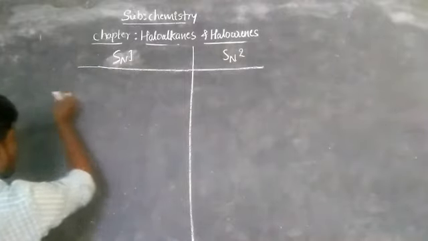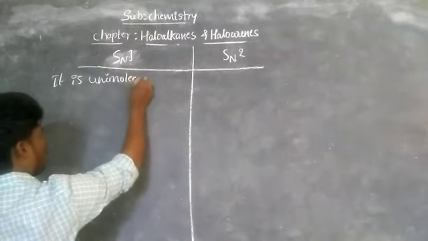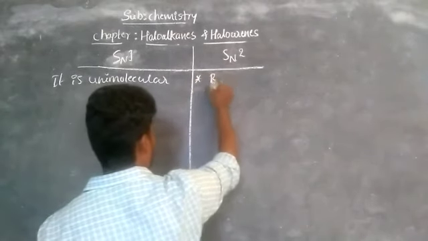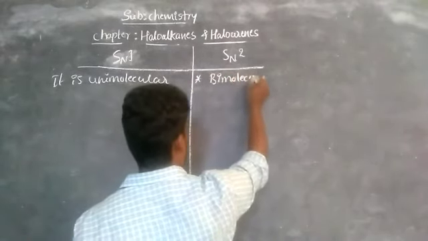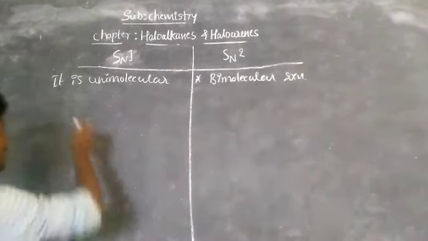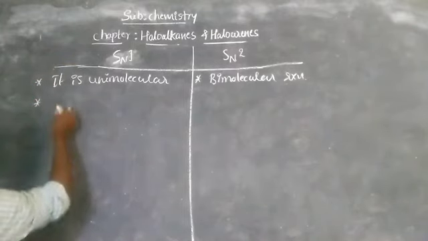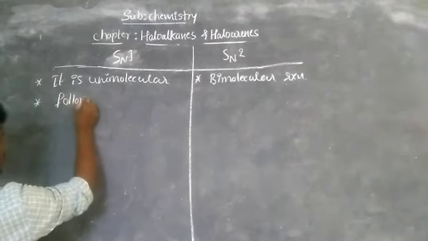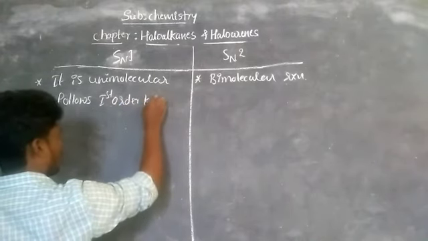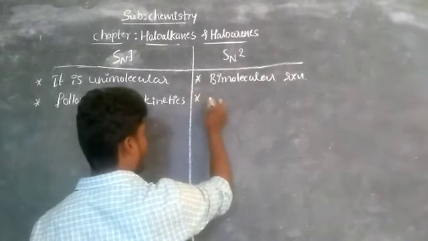It is a unimolecular reaction, and SN2 is a bimolecular reaction. Then the second one: SN1 follows first order kinetics, and SN2 follows second order kinetics.